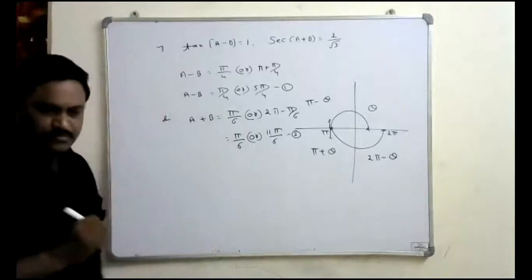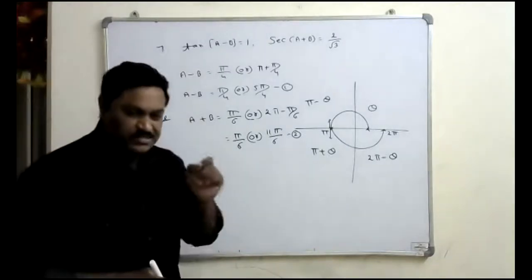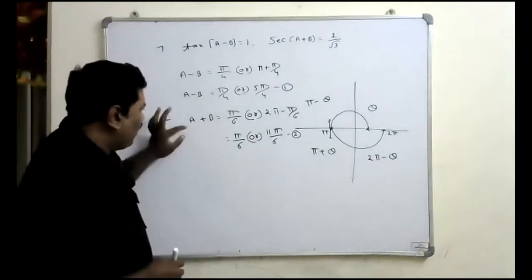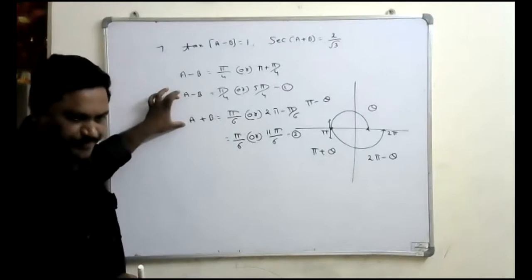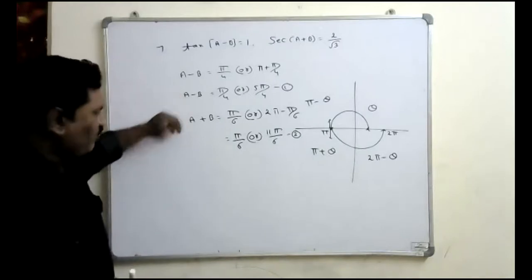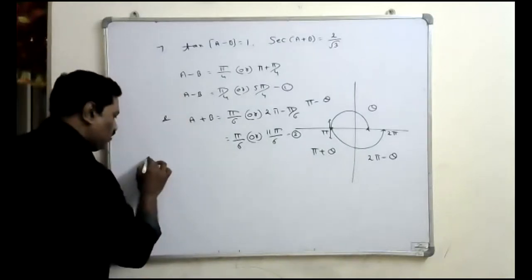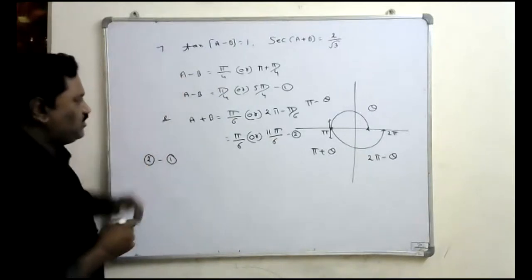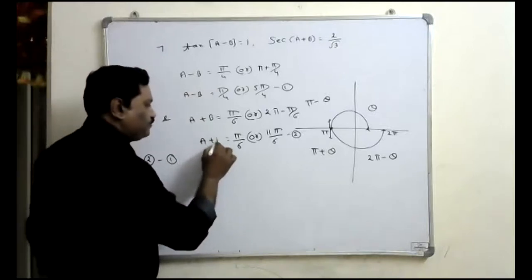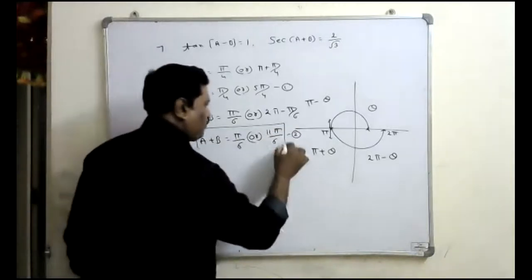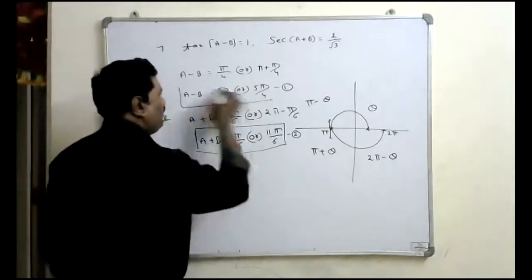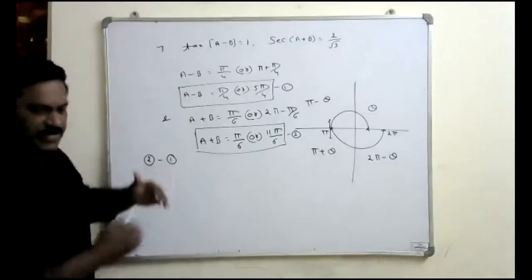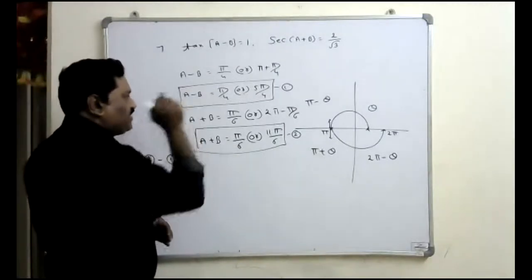Understand? Now, I want to find the smallest positive value for B. If I want to find B, I have to eliminate A. To eliminate A, what can we do? We will go for 2 minus 1. This is A plus B and this is A minus B. If I subtract these two, A gets cancelled.